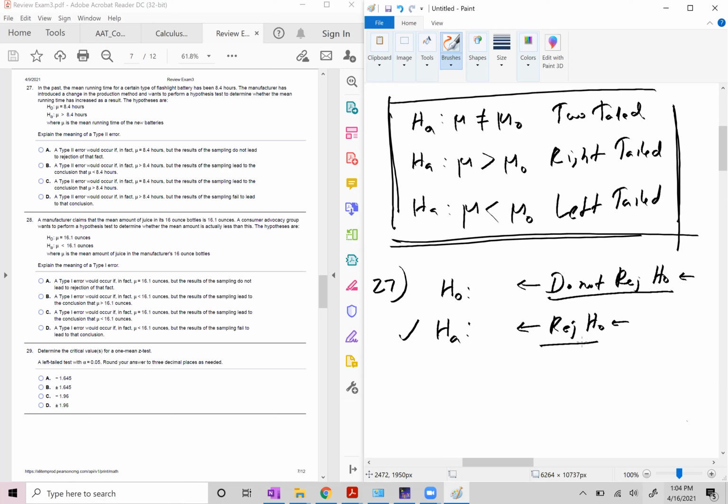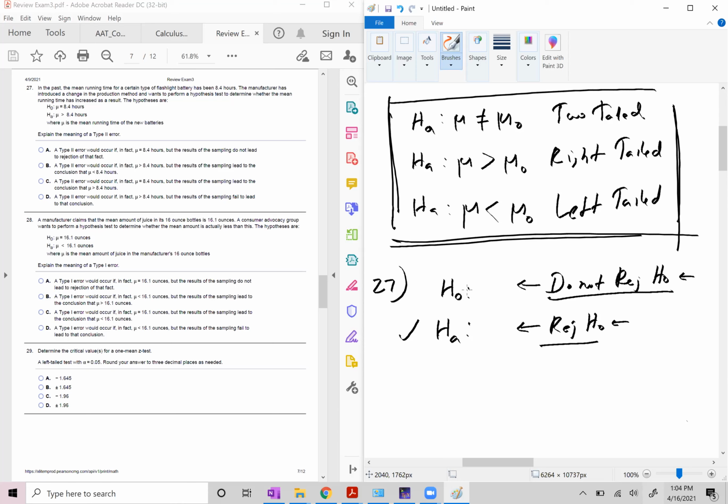Now, when we make these two decisions, we make our decision based on the sample, the sample statistics, the test statistic. We haven't fully discussed it yet, but note that this hypothesis is a statement about the population.